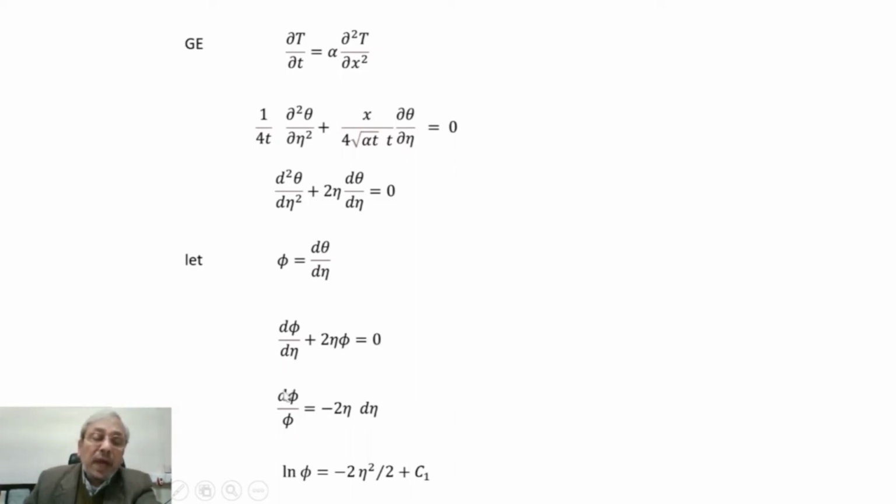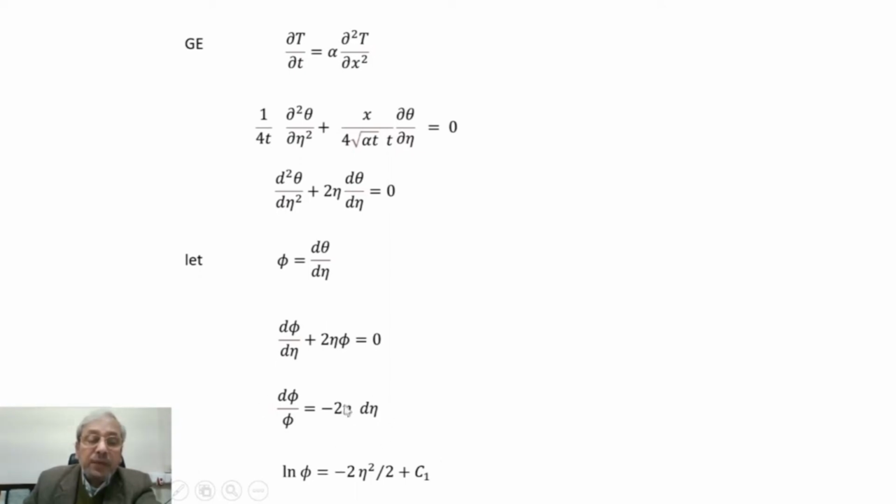So we can write dφ by φ equal to minus twice η dη. So it is a simple operation, dφ/dη plus twice ηφ equal to 0. From here dφ by φ equal to minus twice η dη.